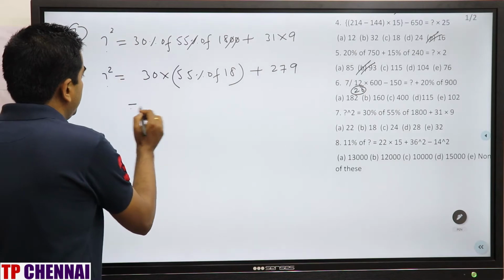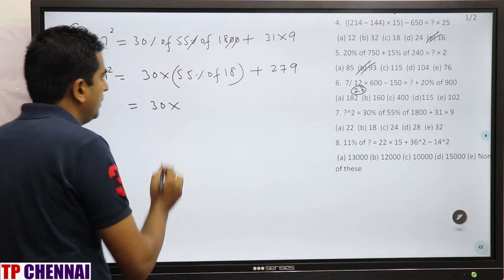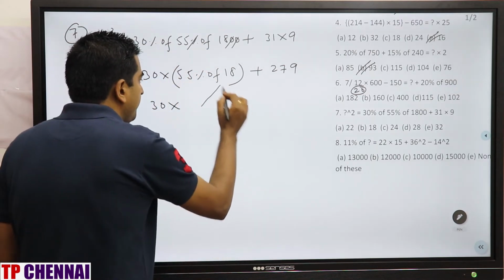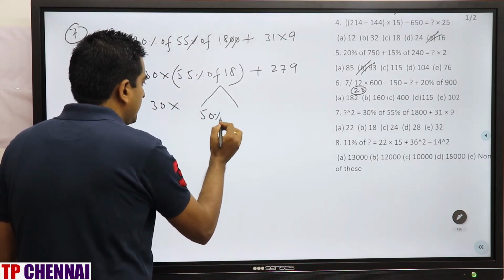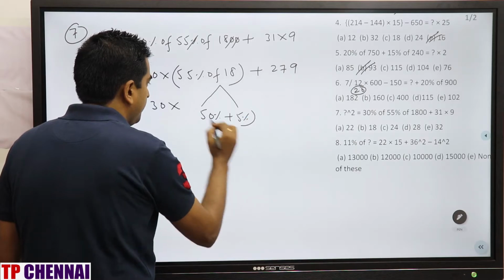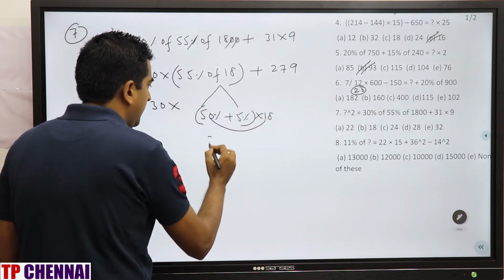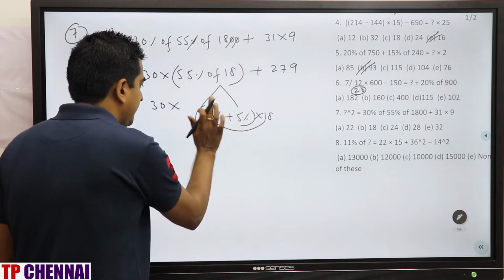So this is nothing but 30 into 55% of 80. I can break this number as 50% plus 5%. 50% is what? Half, which is nothing but 9.